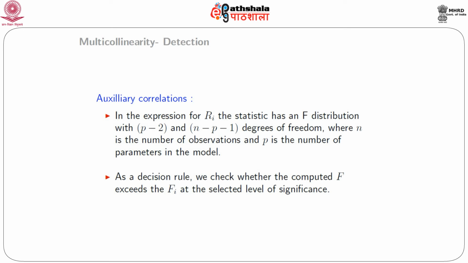If it does, then we say that multicollinearity is present, and for the ith auxiliary equation, where we have xi regressed on the rest of the predictors, xi is the source of multicollinearity among the predictor variables.